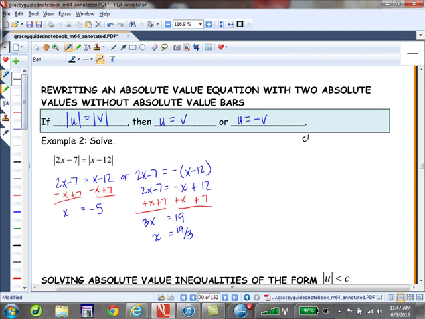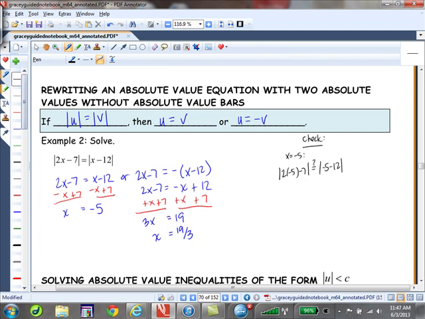So again, checking our results. So for x equal to -5, we have absolute 2 times -5 minus 7. Is that equal to absolute -5 minus 12?